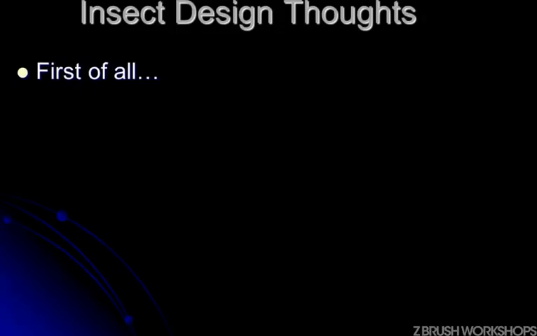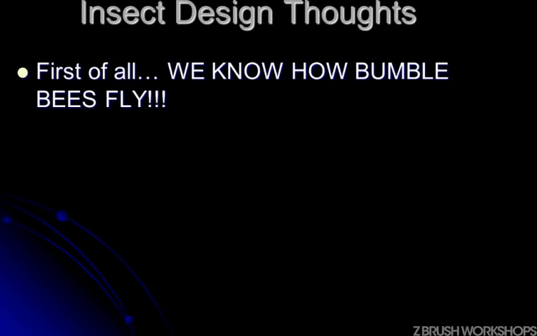Okay. So just to sum that up real fast before we go on to more relevant flyers. First of all, we know how bumblebees fly. So as all of the excellent students that you are, please never, ever say this again. Ever. Not that it irritates me or anything.